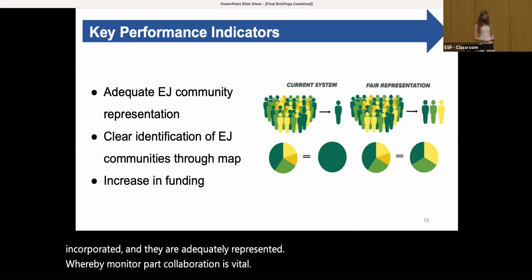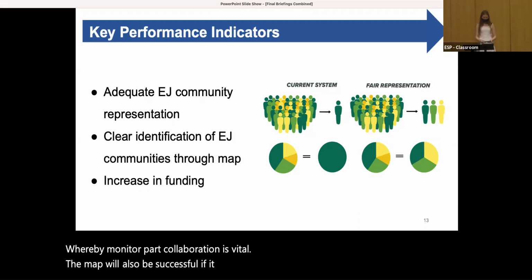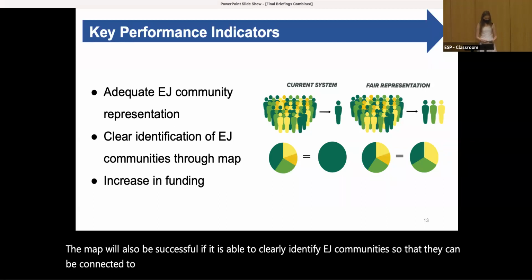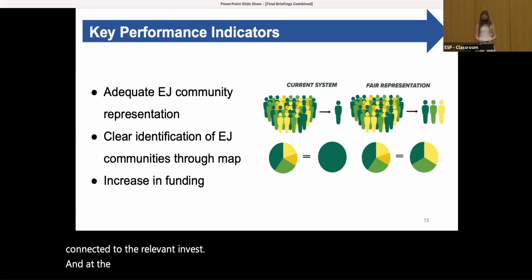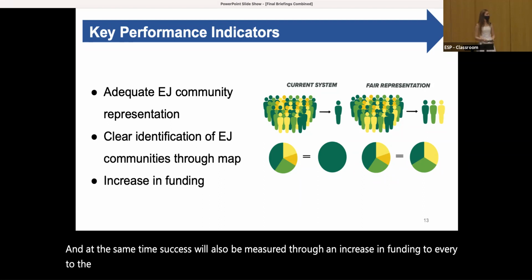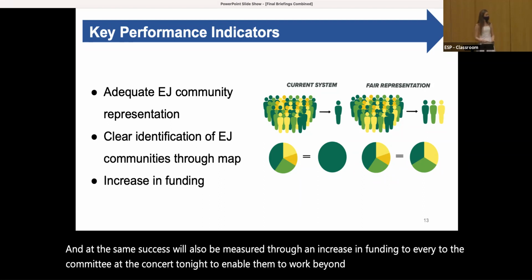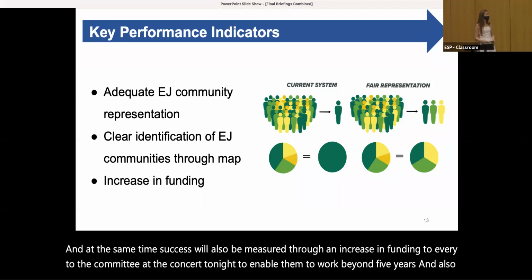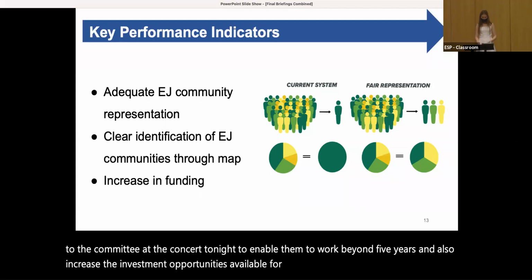The map will also be successful if it is able to clearly identify EJ communities so that they can be connected to the relevant investment. And at the same time, success will also be measured through an increase in funding to the committee to enable them to work beyond 5 years, and also increase the investment opportunities available for these EJ communities.